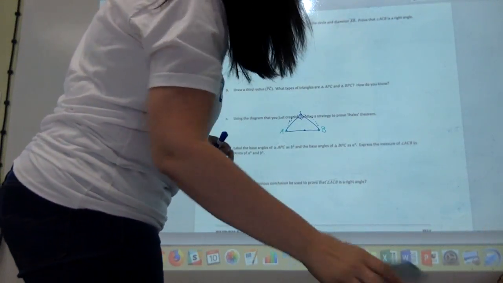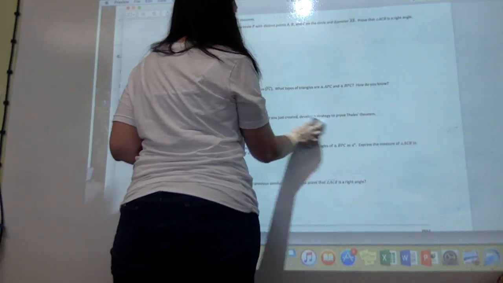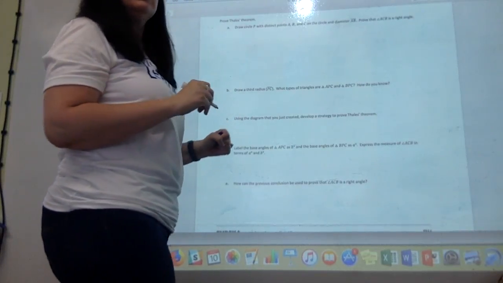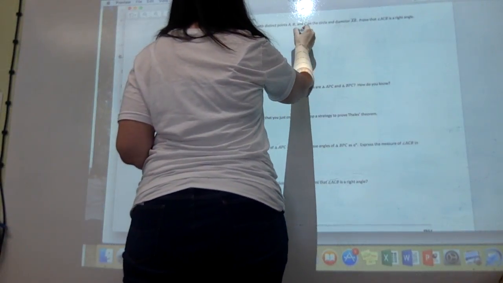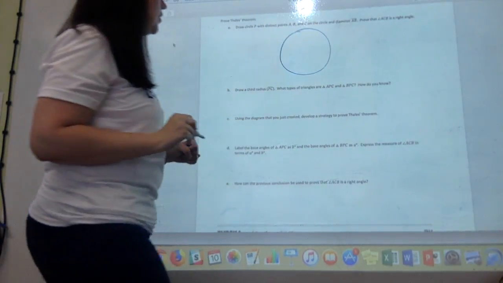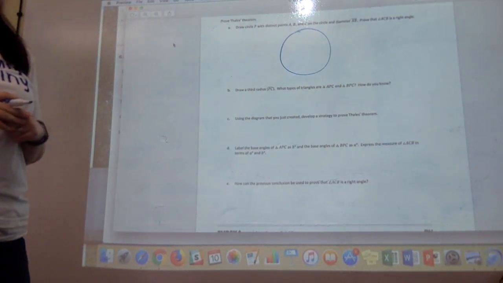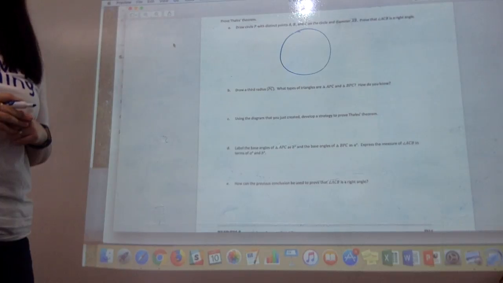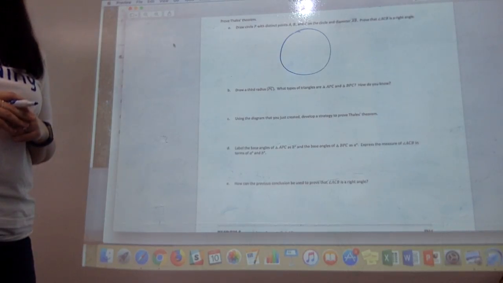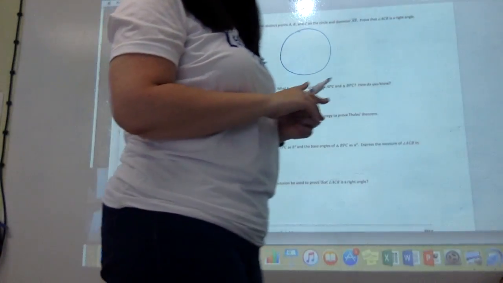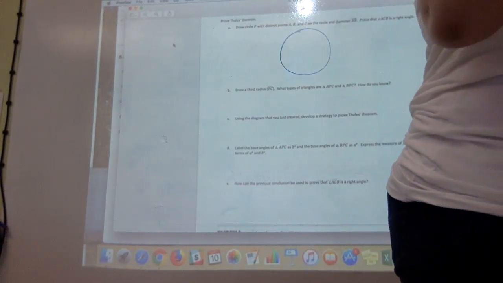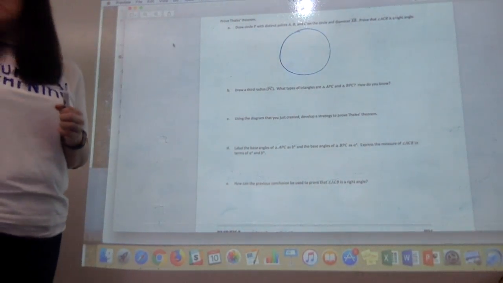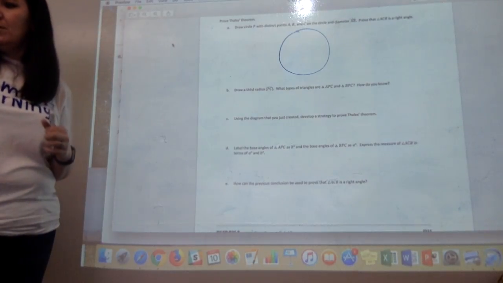All right. It says draw a circle P with distinct points A, B, and C on the circle and the diameter AB. So I'm going to draw a circle. Any other circle works, or you can trace one of your circles from your other page if you like.